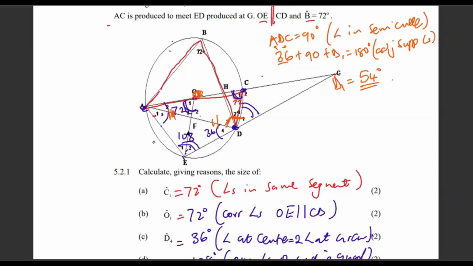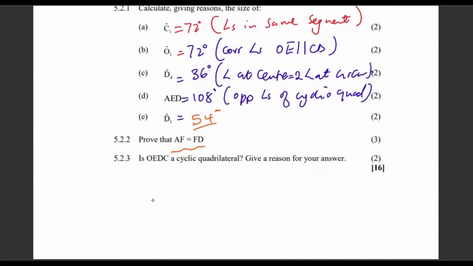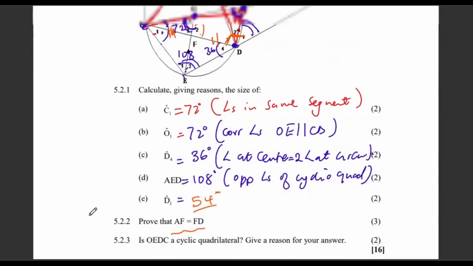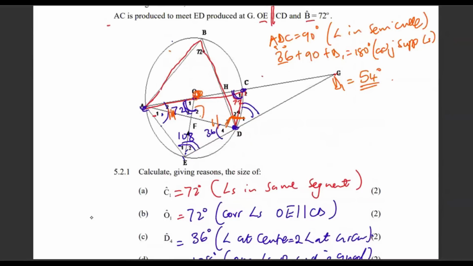Okay. So if D1 is a 90, it simply means that even F2 is a 90. So I'm going to say that F2 is a 90. Just write it aside and say that F2 is a 90. Those are corresponding angles because OE is parallel to CD.